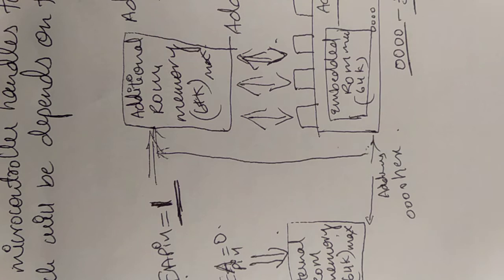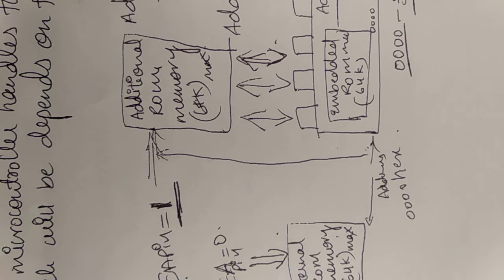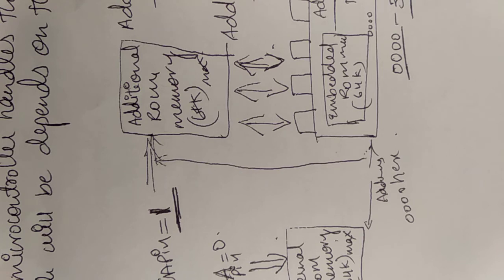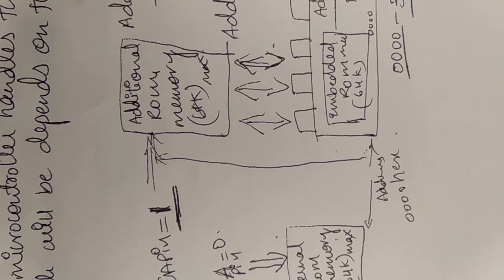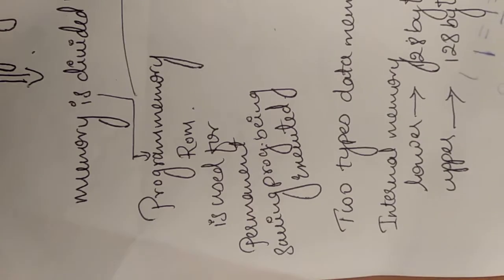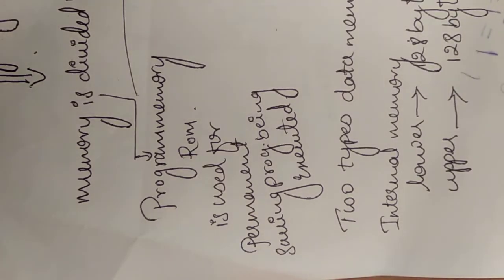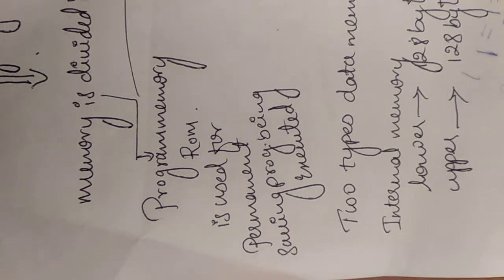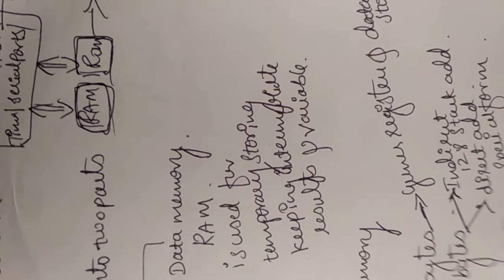This is the memory organization of 8051, which is divided into two parts, program memory and data memory. ROM is used for saving the permanent program, which will be executed. RAM is used to store temporary data, intermediate results and variables.